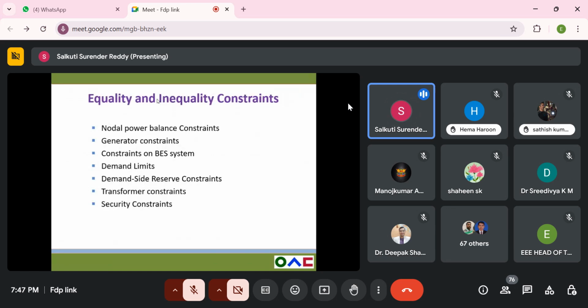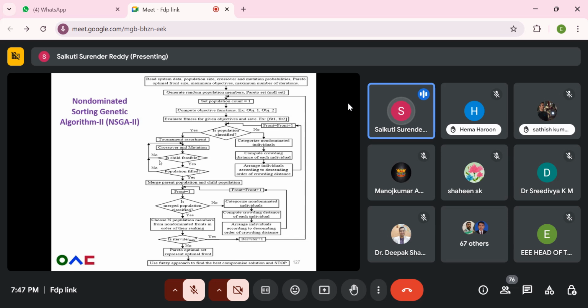So these objectives are solved by considering the various equality and inequality constraints. And this is solved by using a multi-objective optimization algorithm, the non-dominated sorting based genetic algorithm, we say NSGA-II.